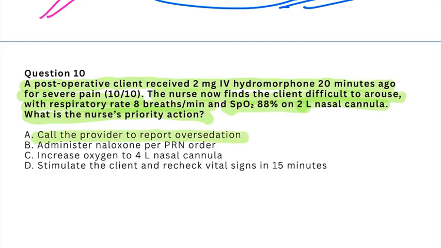Letter A, call the provider to report oversedation. Letter B, administer naloxone per PRN order. Letter C, increase oxygen to 4 liters nasal cannula. Or letter D, stimulate the client and recheck vital signs in 15 minutes. So let's find out the timer.